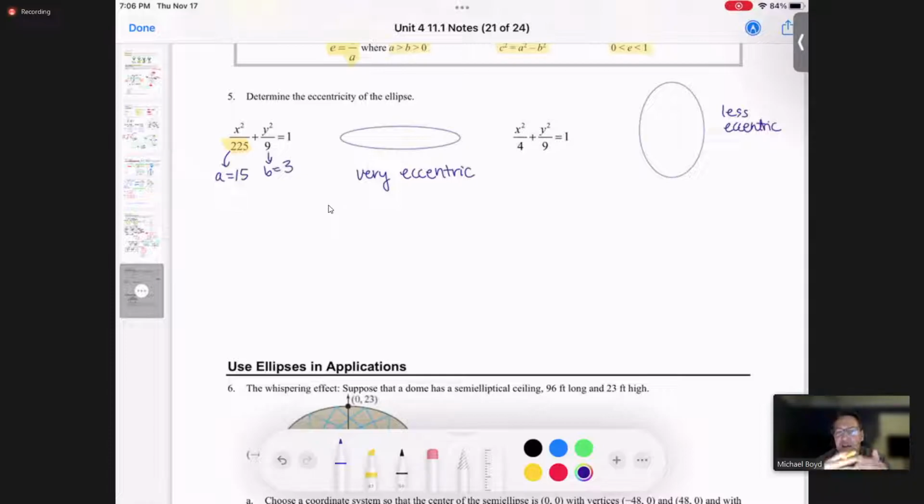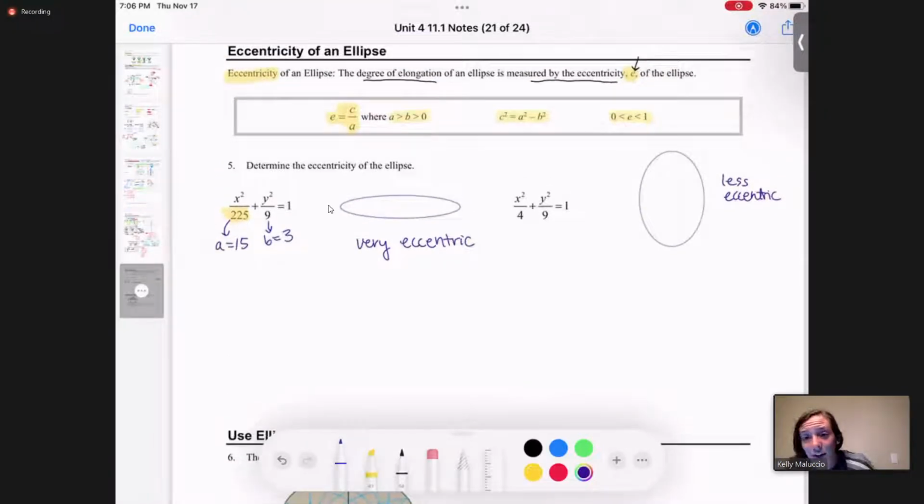Does it depend on where the foci are? Yes, exactly what you said is correct. Look at this equation: little e is based on A, which is on your major axis, not your minor, but it doesn't matter which is which. You just have to know which one it is. It's also based on C, and C is strictly for the foci.